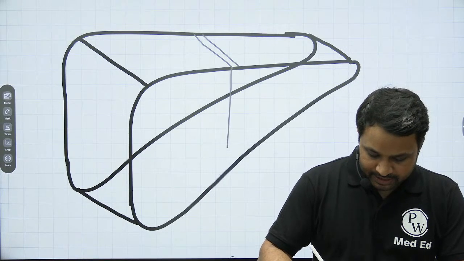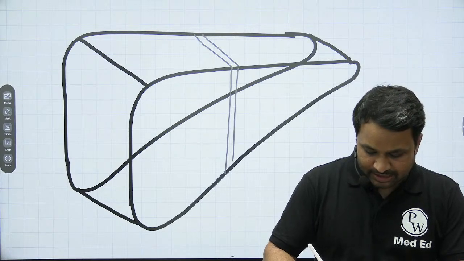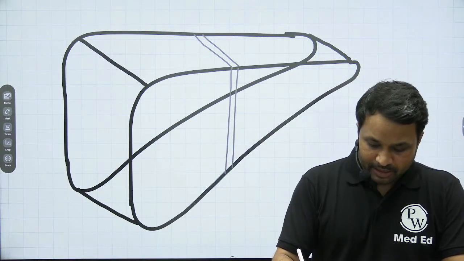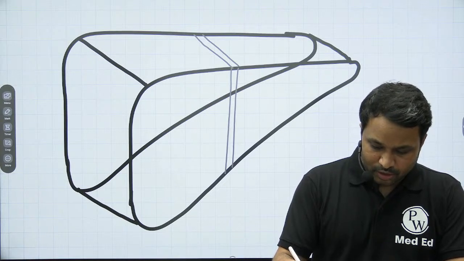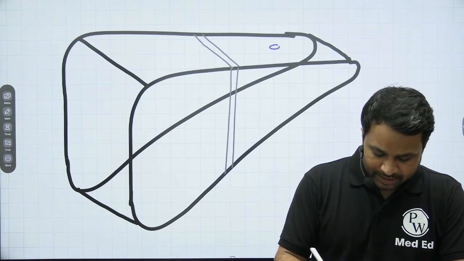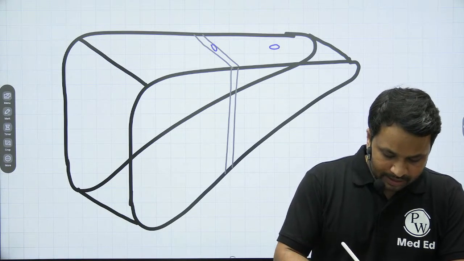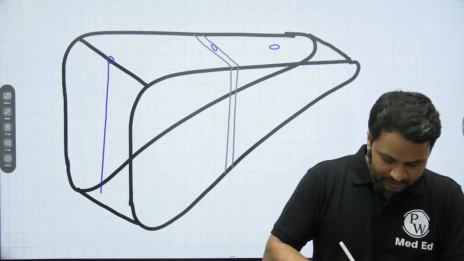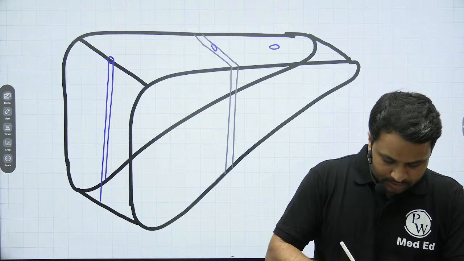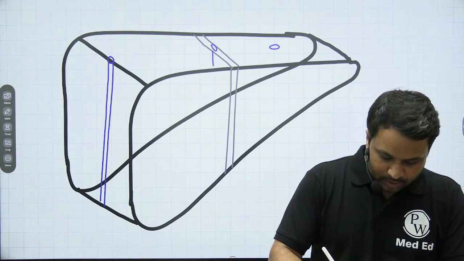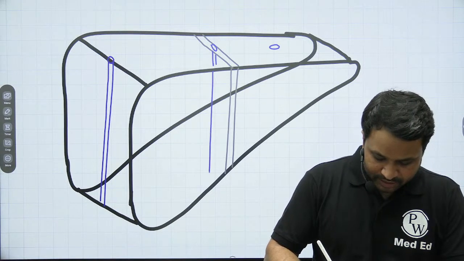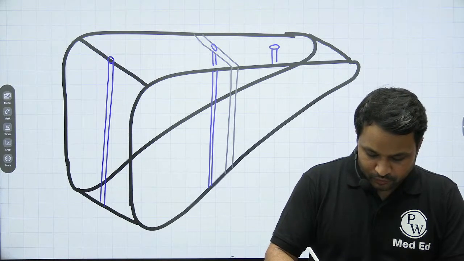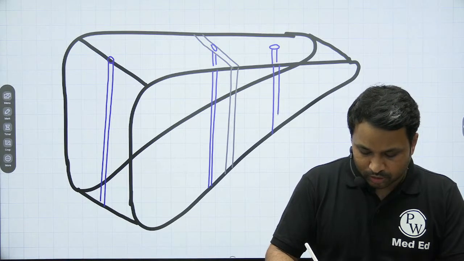Cantlie's line divides the liver into two halves, the left hemiliver and the right hemiliver. Then there are three veins: this is your left hepatic vein, this is your middle hepatic vein, and this is your right hepatic vein. This is how the hepatic veins run, and they divide the liver into 4 segments.